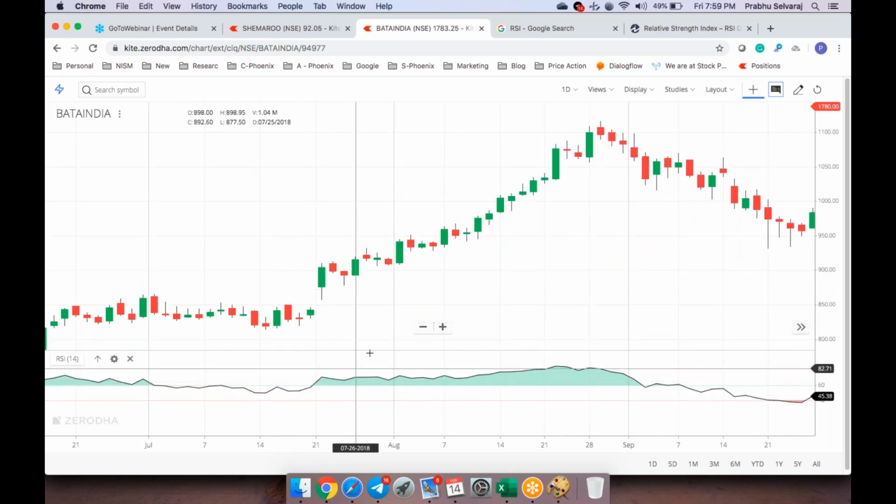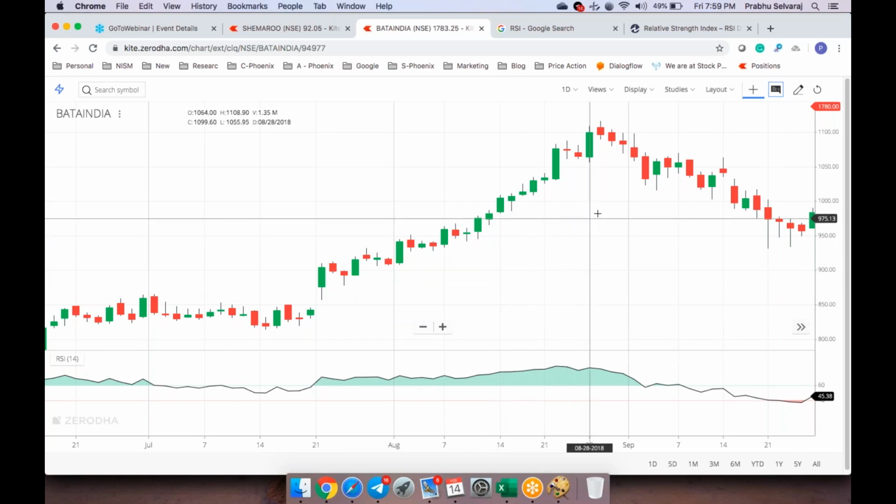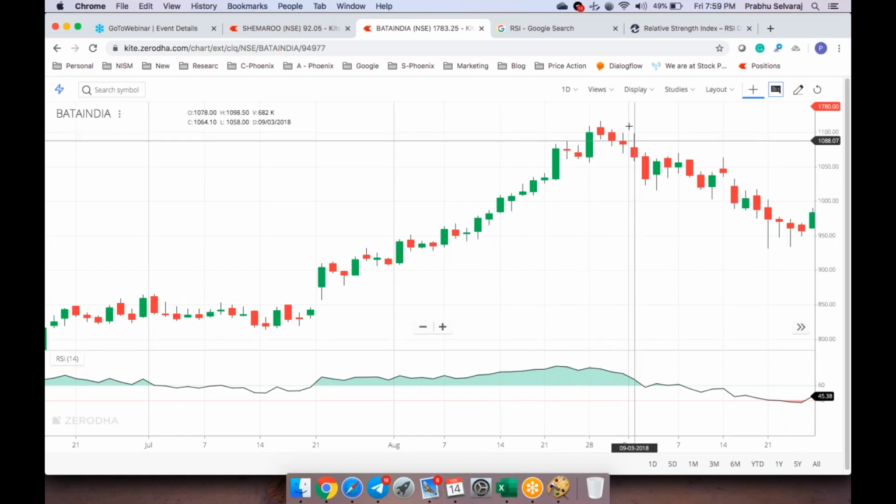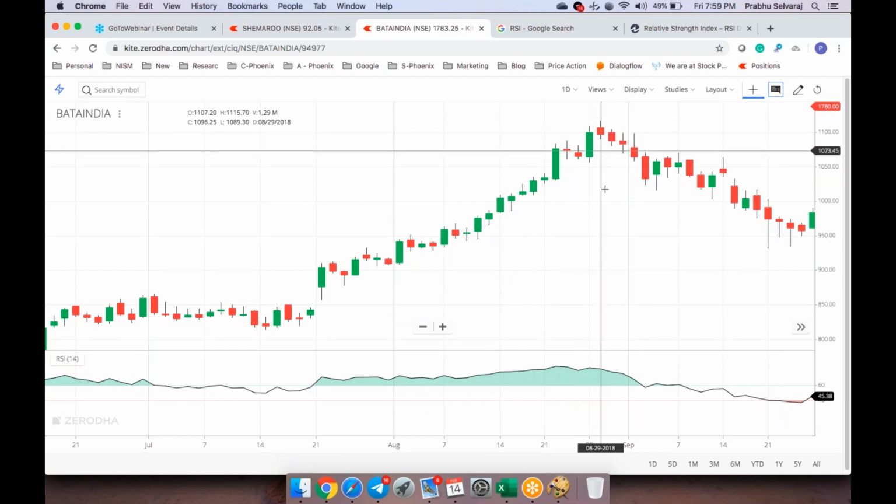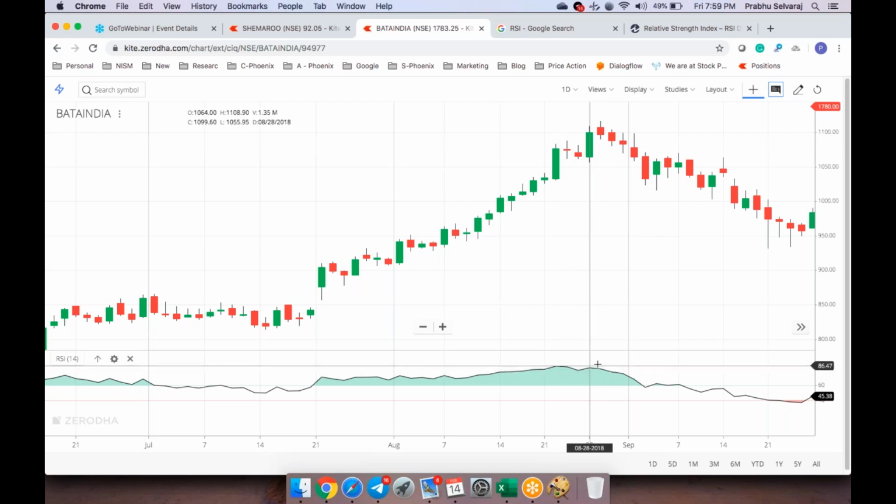Look at the move. And this is an example of when the top reversal happens: RSI started falling down from the 80 zone. So now I knew that my next support is 60. Look at this, I have to exit here.